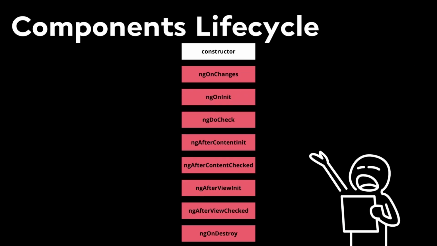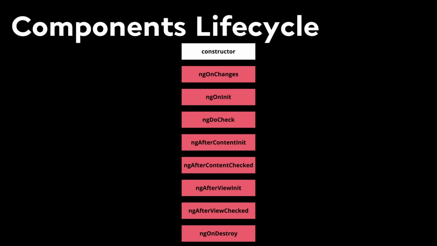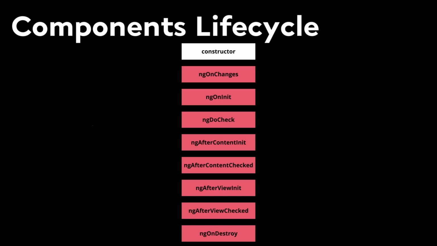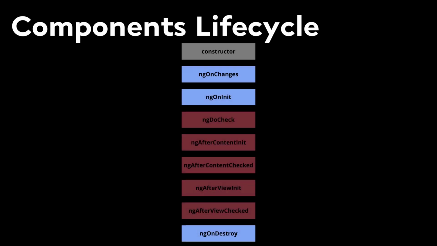This seems too much to memorize, right? The right way to deal with this is always to refer to the documentation when needed and start by learning first about the most commonly used hooks.